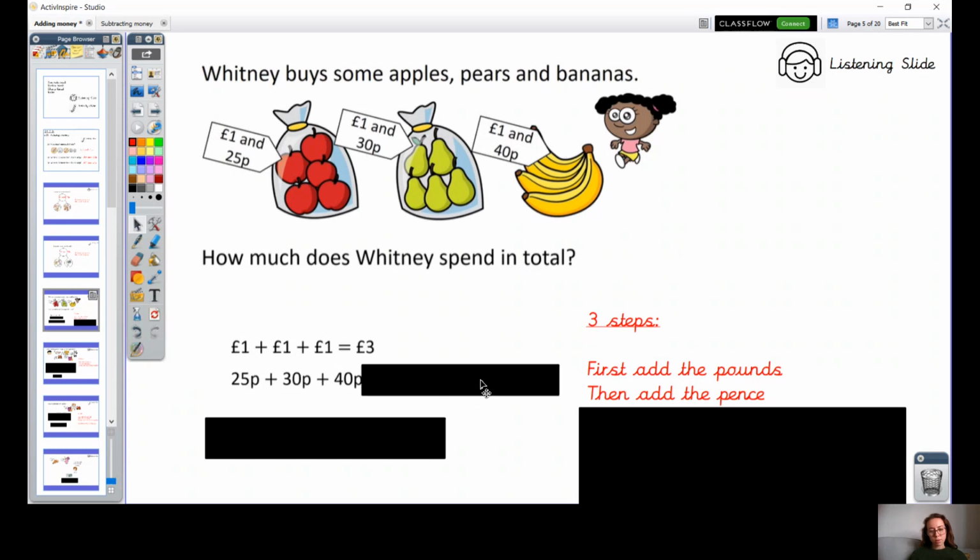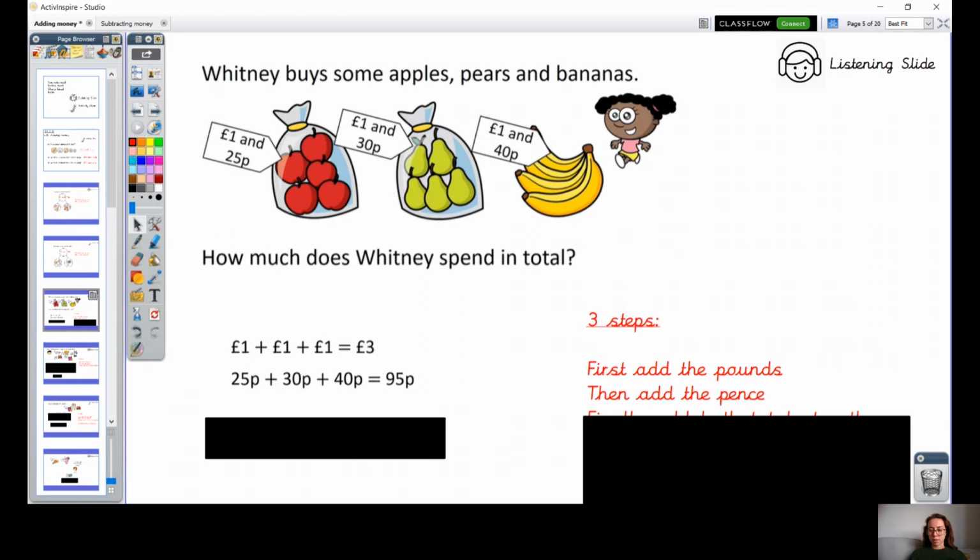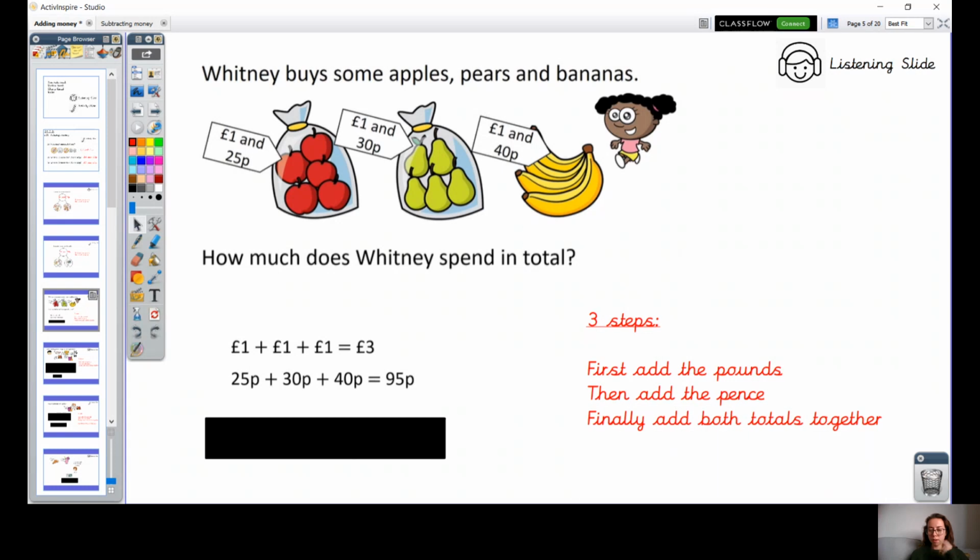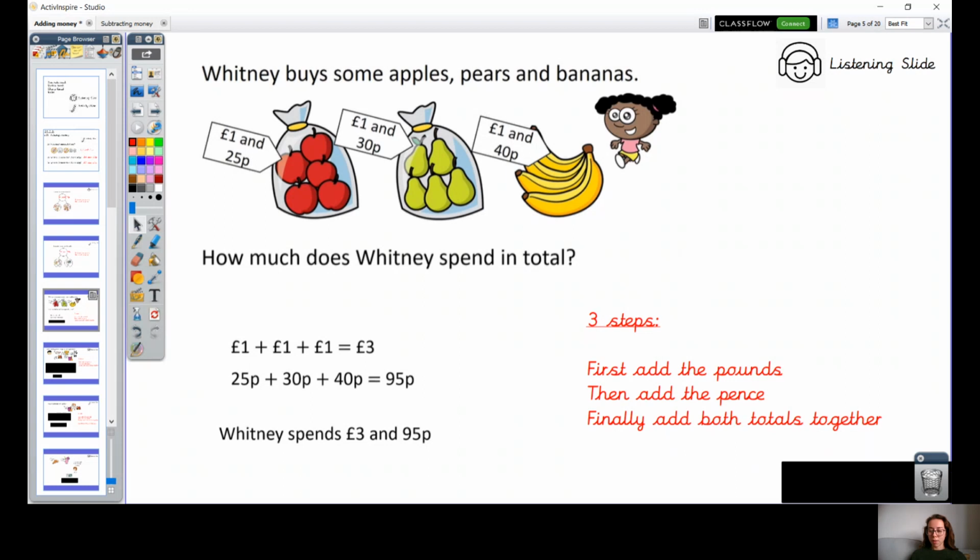When I've added all those three amounts together, I've got 95p. Right, step number 3. Finally, add both totals together. I don't really need to do any maths for this part because I just need to look at these totals and I know that Whitney spends £3.95 in total.